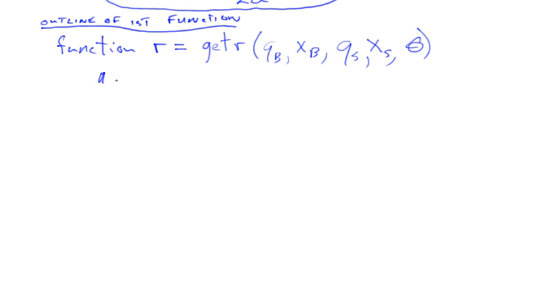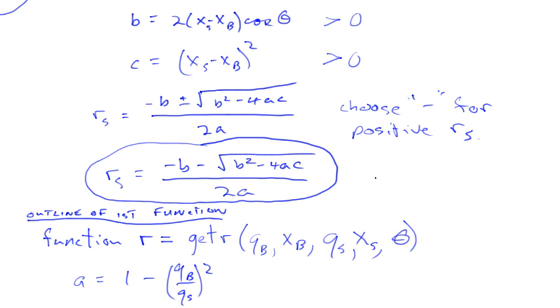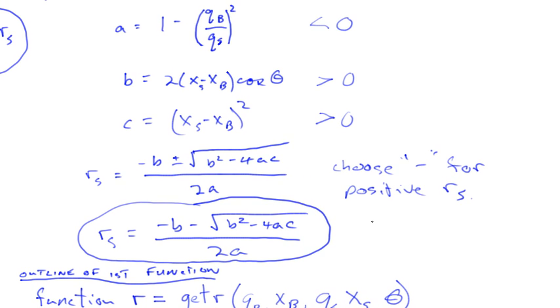Yeah, I think I'll go ahead and copy them down here. So A equals, what is it, 1 minus QB over QS, quantity squared. B equals, seems like there was a 2 in that. I gotta look, see if I got A right anyway. Yeah, that looks good.